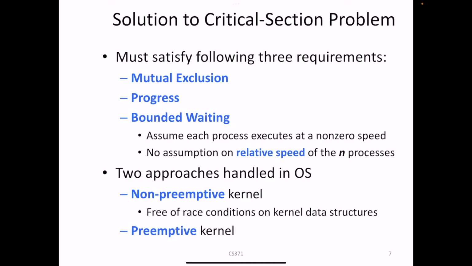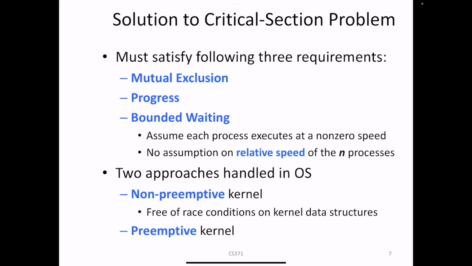We also assume each process executes at a non-zero speed, which means as long as a process is making progress, sooner or later it can finish. It cannot just suspend there waiting forever without making any progress.